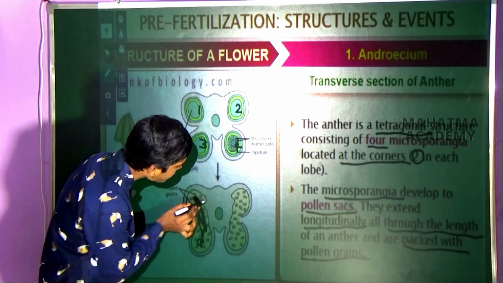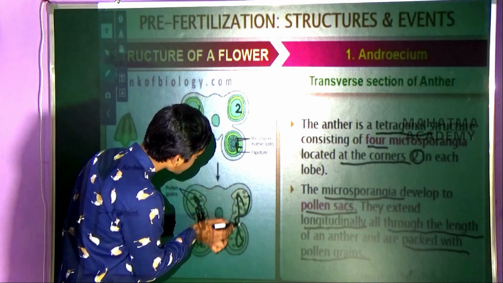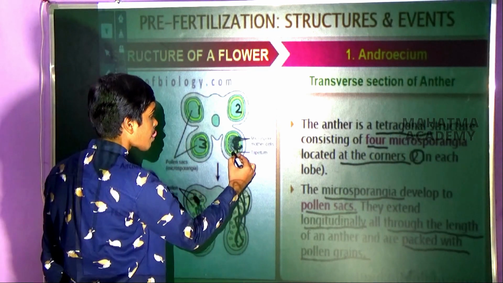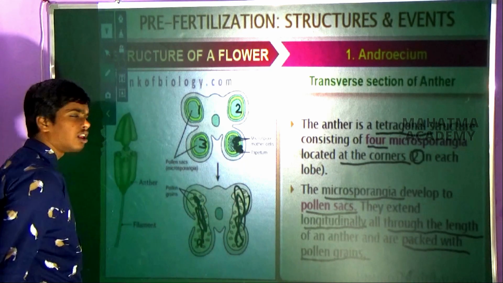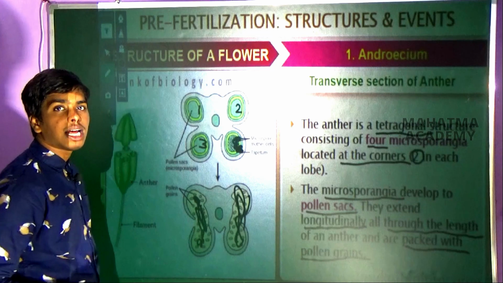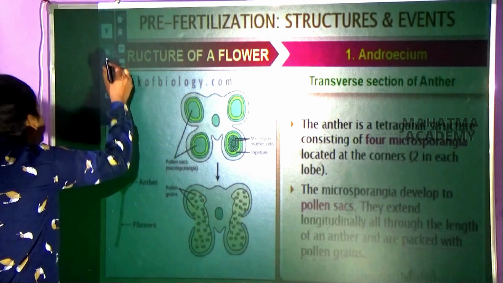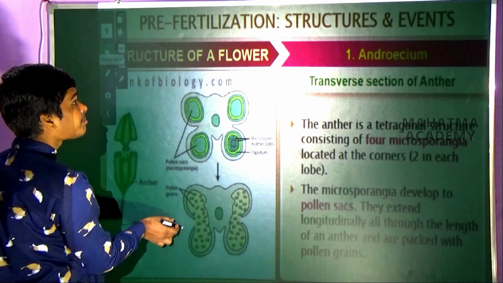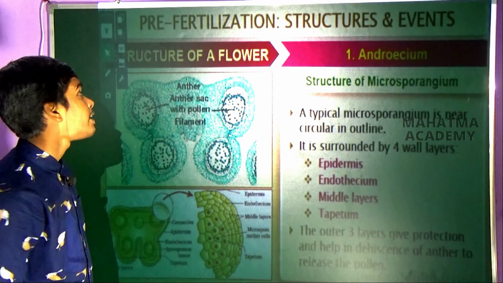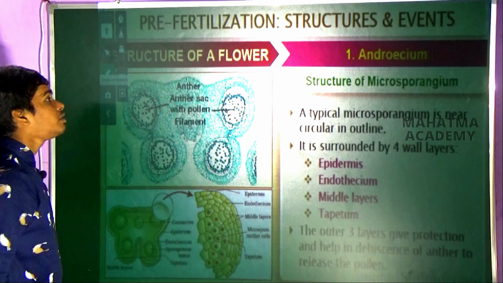The pollen grain is present. Okay. Now the microspore mother cells. This is the tapetum. We will see about the constituent parts in the later stages. Okay. Now we will see about the constituent parts of the microsporangium.